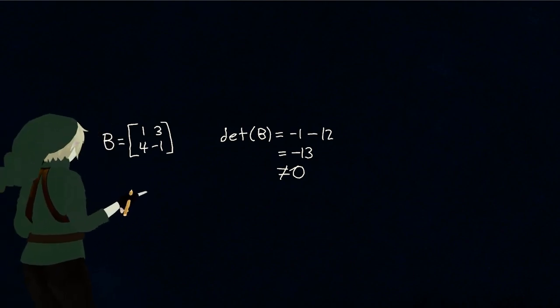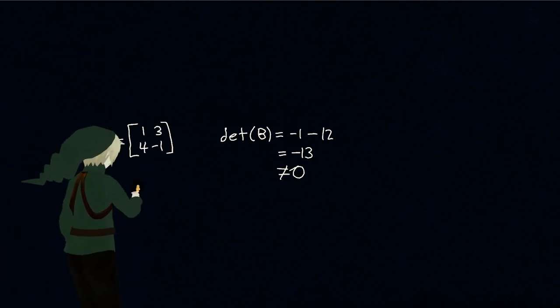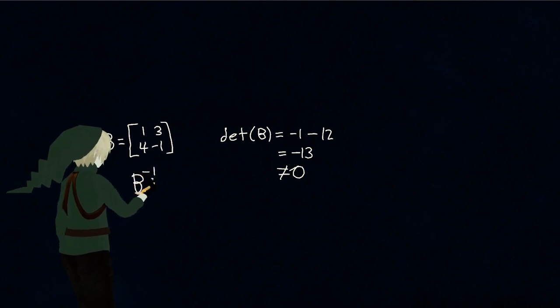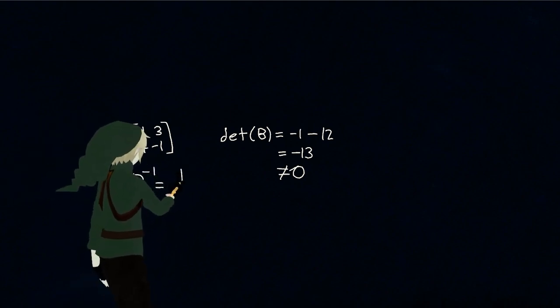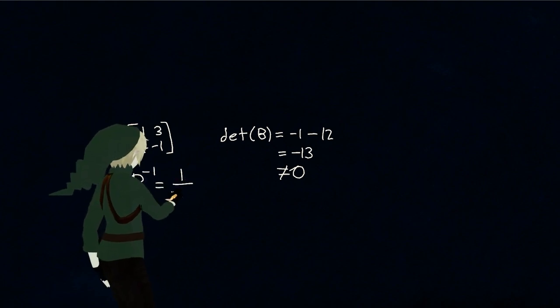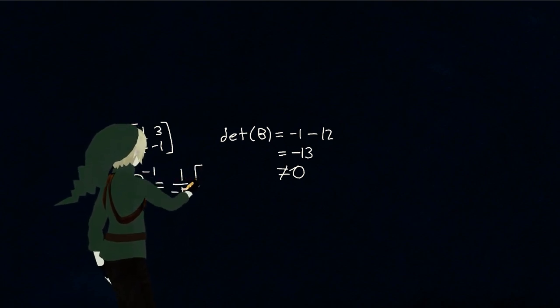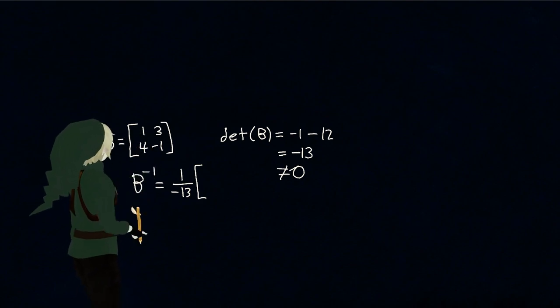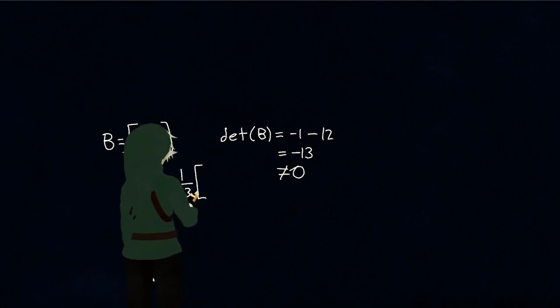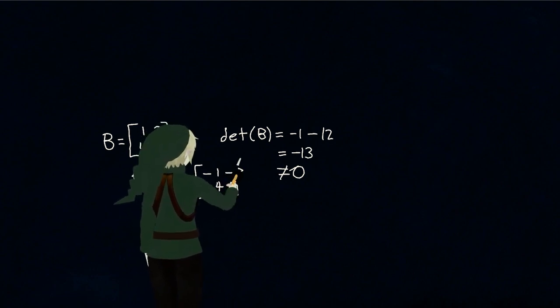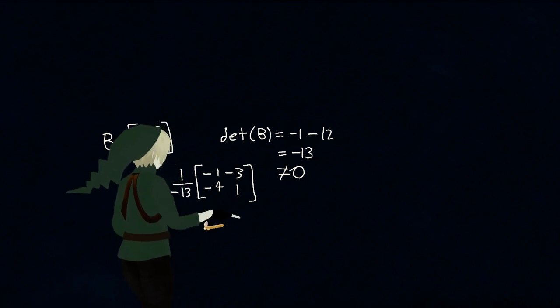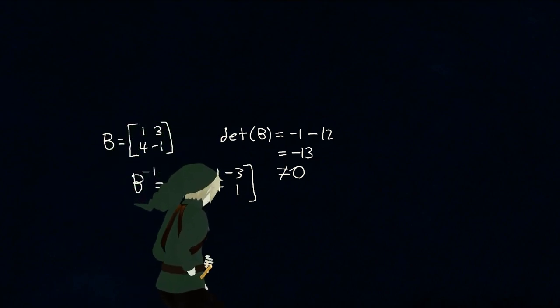If you remember the formula, the inverse of B is simply 1 over the determinant, which is 1 over negative 13, and then you just switch places here: negative 1, 1, negative 3, negative 4, and you're done.